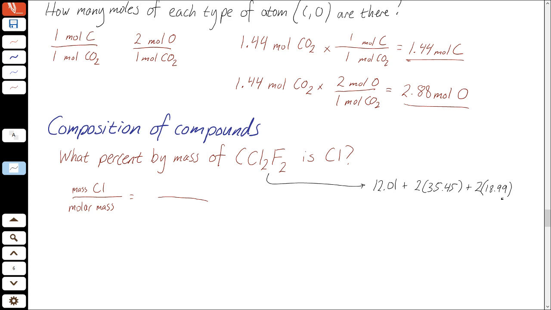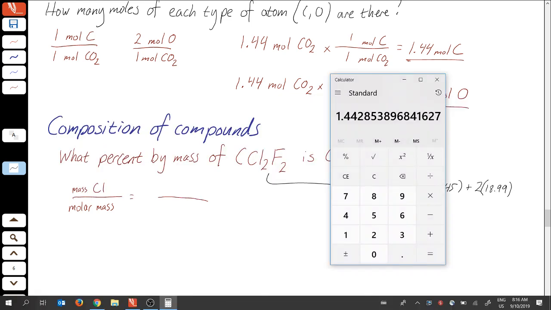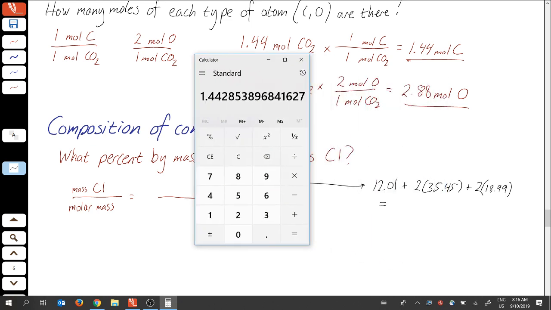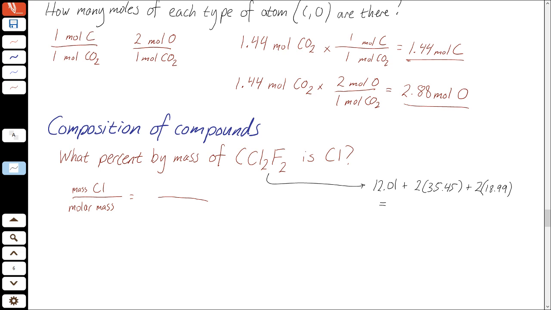I'm getting too old, I gotta use my periodic table here. Okay. All right, so let's calculate that. Actually, I've got it here. It's 120.91. So that's our total mass.